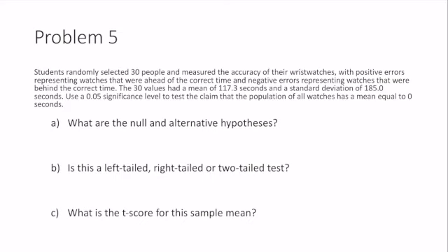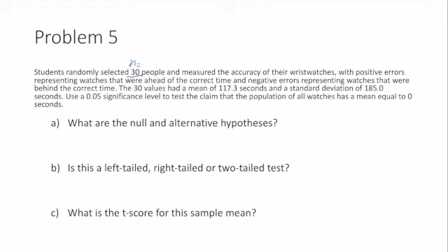For problem 5, let's take a look at this problem. So, students randomly selected 30 people and measured the accuracy of their wristwatches, with positive errors representing watches that were ahead of time and negative errors representing watches that were behind in correct time.